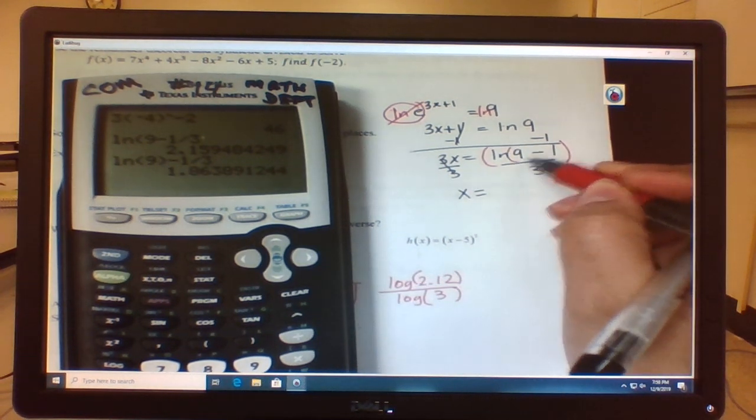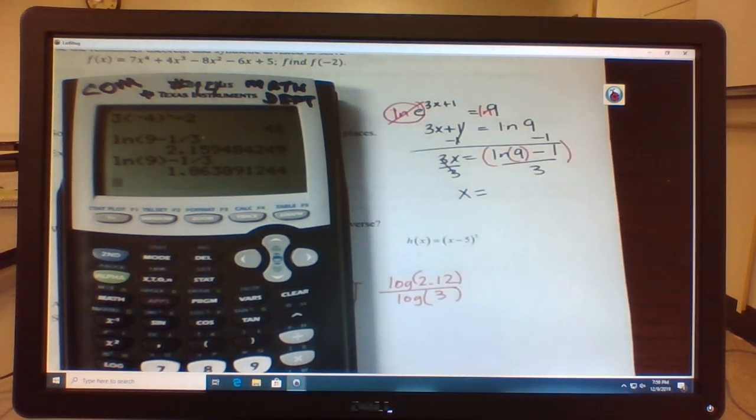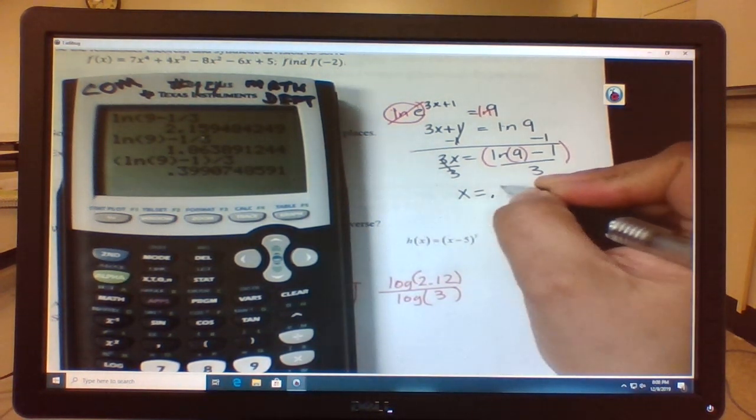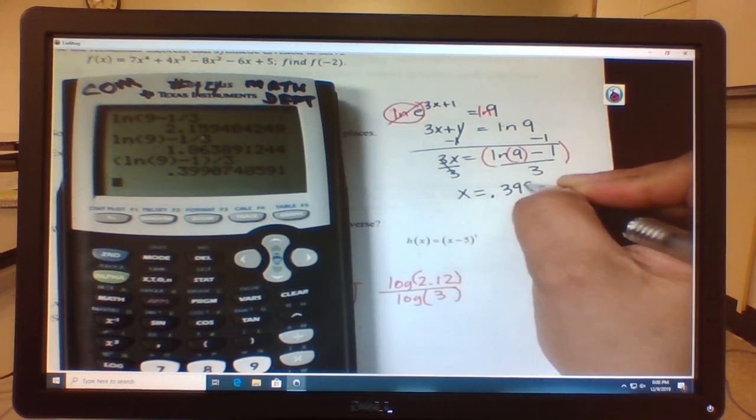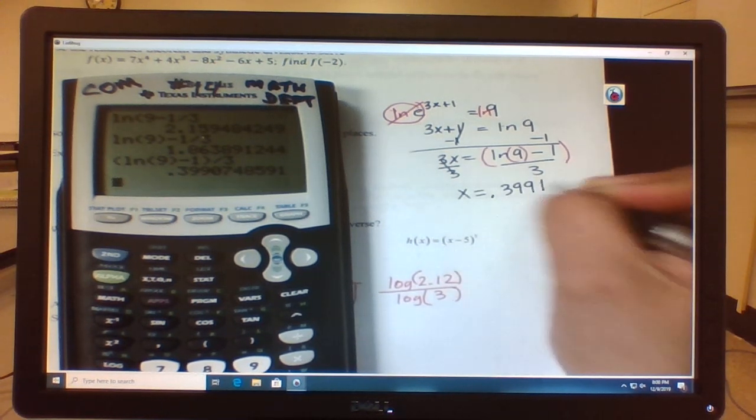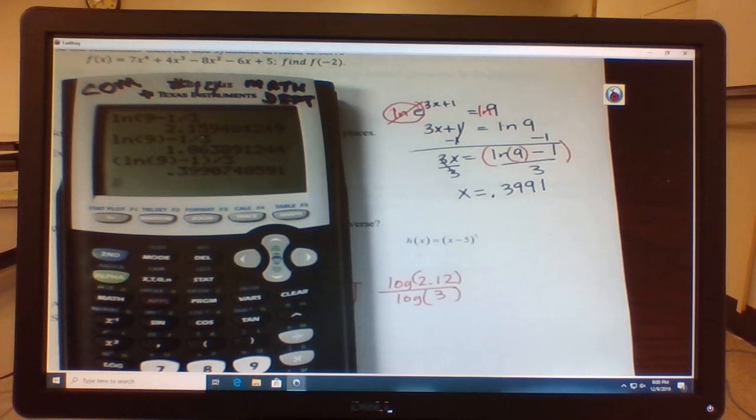You need to make sure you close the parentheses after the 9. Parentheses, ln of 9, close parentheses, minus 1, close parentheses, divided by 3. My answer is 0.3991. So you know the steps, but what might get you is the way you plug it in.